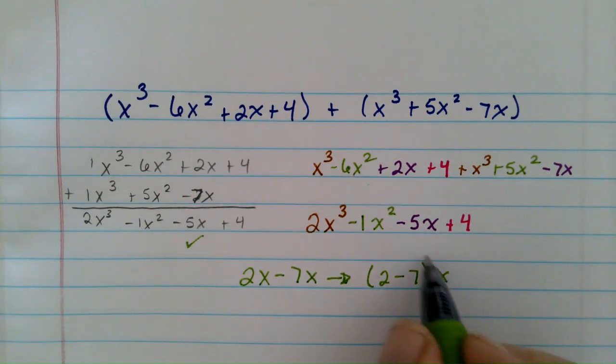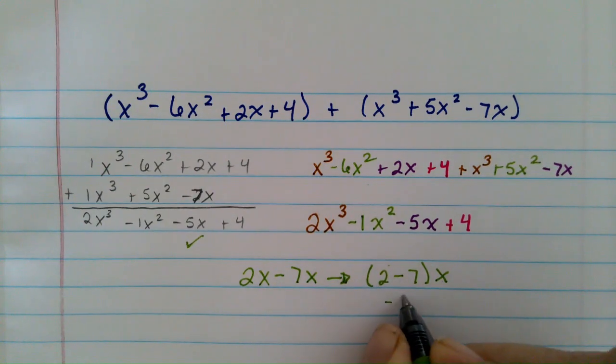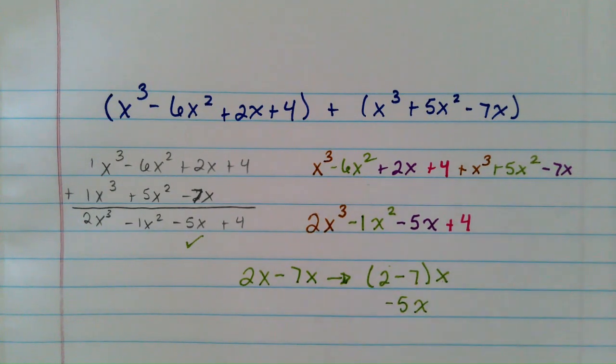You think about that distribution. I know I wrote it backwards, but I did. And 2 minus 7 is negative 5. So that's technically why we only change the coefficient and not the exponent. But combining like terms, you only change the number in front. Okay? Multiplying is when we change our exponent. Adding and subtracting is when we change our coefficient.